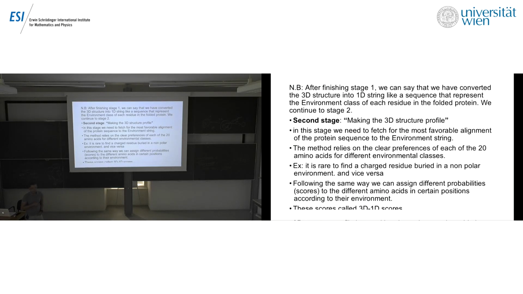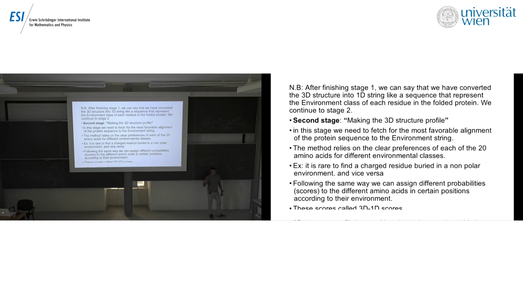It's the part most related to the quantum simulation, okay, where we make tables, okay, like, let me explain it. We have about 20 possible amino acids, and each one of them has certain environmental preferences, okay?